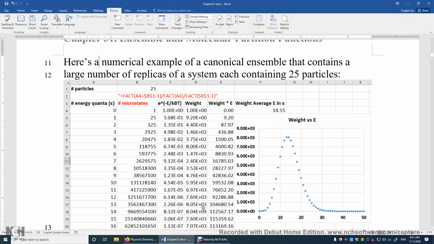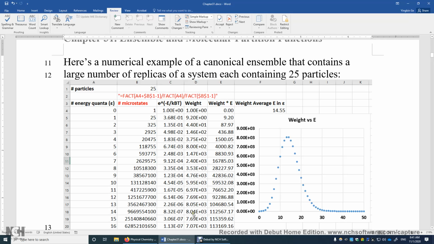What about the product? The product is the weight of the replicas with these different energies. So you can easily see this number is going up: 1, 9.2, 44, 146, 375, 800, 1,470. It keeps going up.